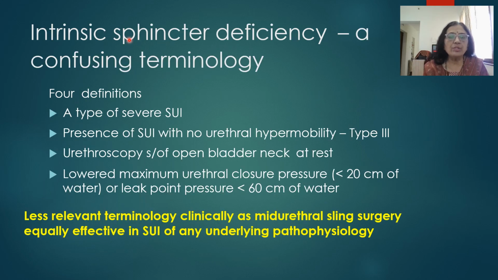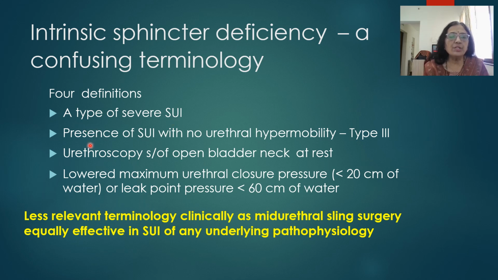Now, this terminology you will see in many textbooks or articles you read about SUI is intrinsic sphincter deficiency. But remember that this terminology itself is confusing, and there are 4 definitions of it given in Thompson's operative gynecology. One is that some authors think ISD is a type of severe SUI, so any patient who has severe SUI is thought to have intrinsic sphincter deficiency.